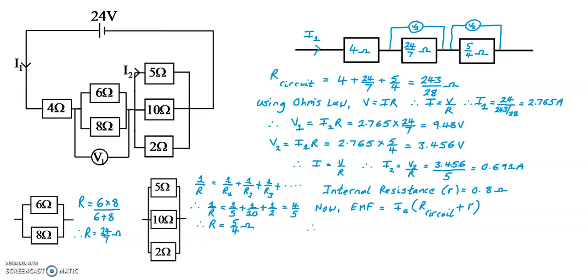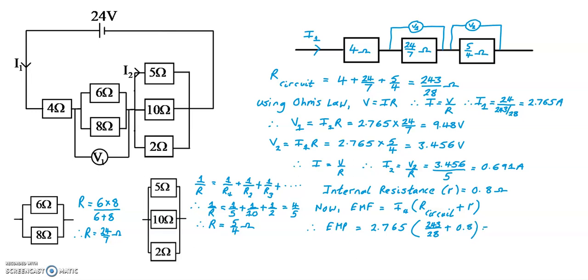So therefore the actual EMF of this cell will equal, now the total resistance of the circuit is 243 over 28 ohms, and the internal resistance of the cell is 0.8.